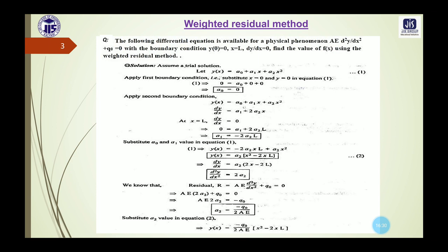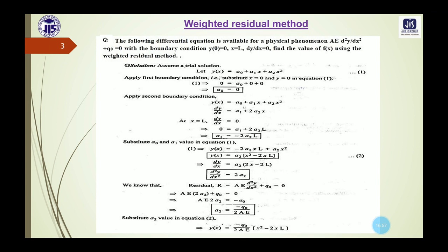Now if we do the first order differentiation of equation number 2, we get dy/dx equals a2, which is a constant part, then d/dx of x square is 2x, and d/dx of 2xL is only 2L. So dy/dx equals a2 into 2x minus 2L.